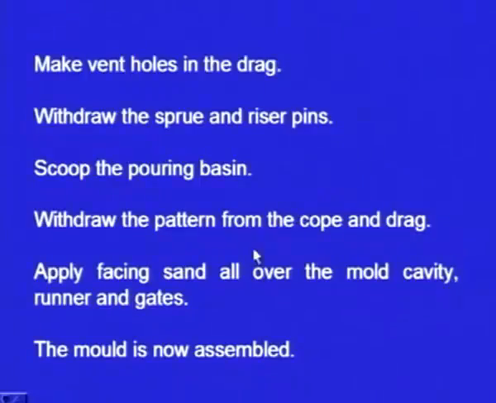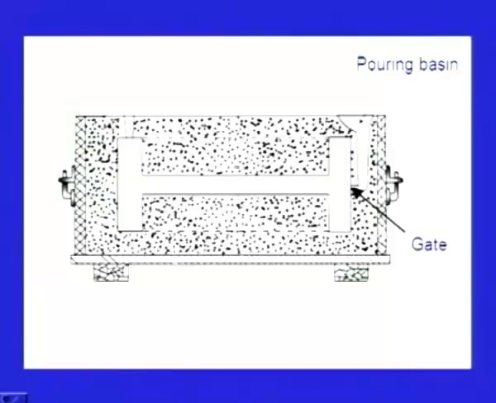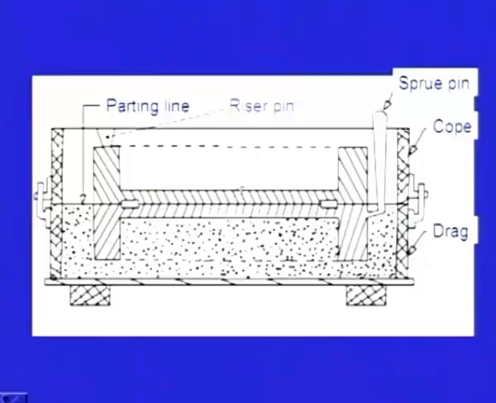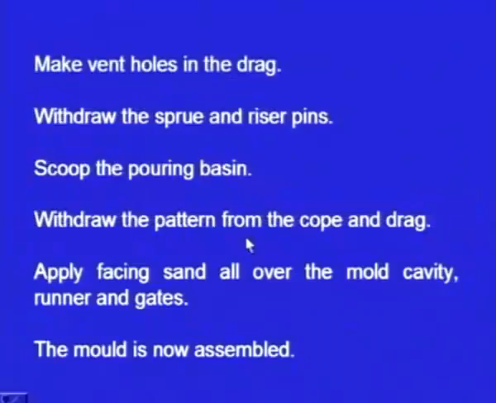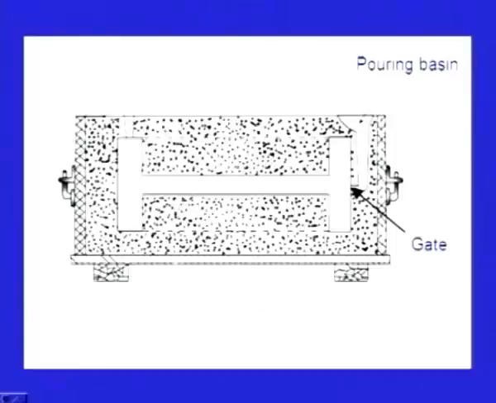Next one, withdraw the pattern from the cope and drag. We will withdraw the pattern, this pattern, from the drag and also from the cope. Apply facing sand all over the molding cavity. Yes, this is the molding cavity, and the surface of the cavity is not smooth.